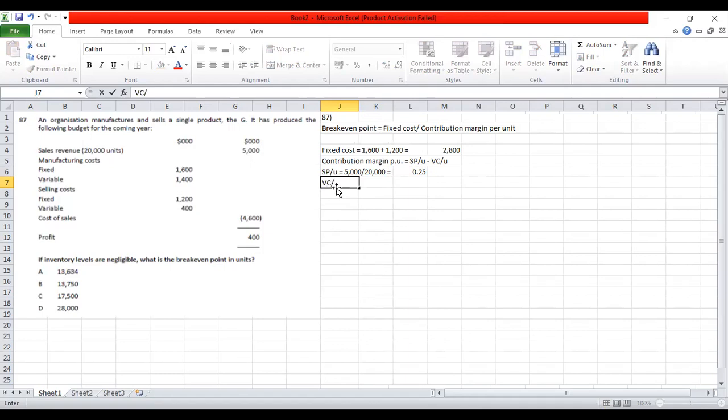Similarly, we also have to calculate what is variable cost per unit. Variable cost per unit is equal to, there are two amounts of variable cost, one is 1,000, 400, another one is 400. So add them up, 1,400 plus 400 divided by 20,000.